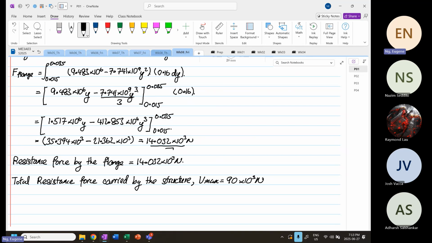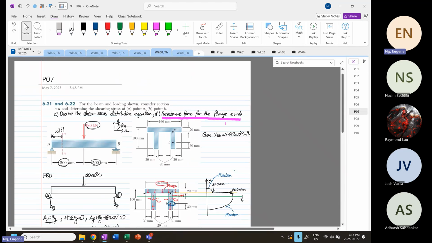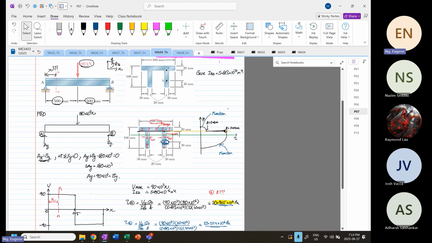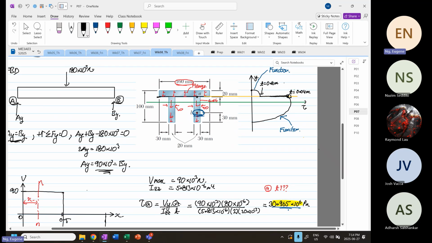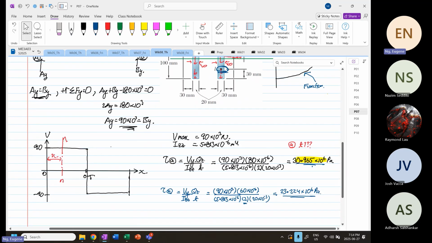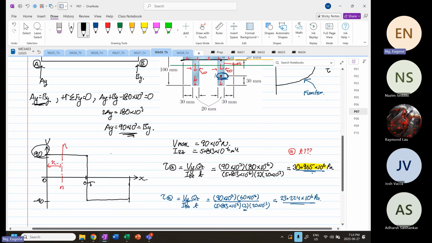The 90 times 10 to the power 3 Newton is taken from the shear force diagram over here, right? Our shear force diagram is positive 90, negative 90 does not matter, because whether it is positive shear or negative shear, both are as bad. There's no such thing that positive shear is better than negative shear.